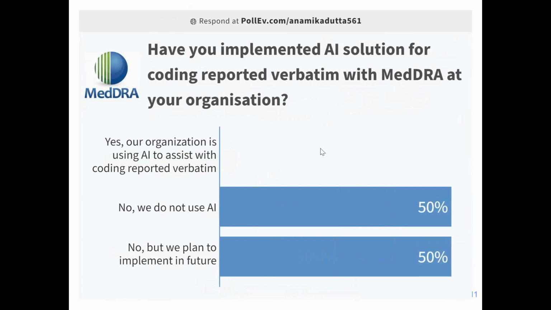Okay, that's interesting. So we do have 53% of you, 50% of you who are telling us, like, I think I should wait for a few more minutes. Looks like people are still voting. So 4% of you have already used AI.